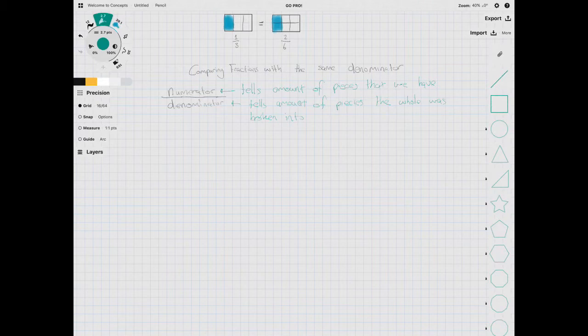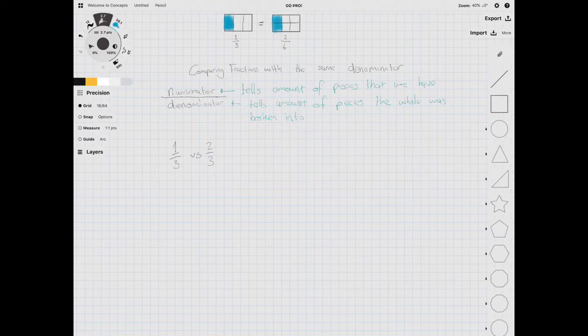Alright, and so this is actually very important information moving forward, because we are going to talk about how we're going to compare two numbers, firstly, by looking at the same denominator. If I looked at the fraction 1/3 and I compared that to the fraction 2/3, which of these do we think is going to be bigger?